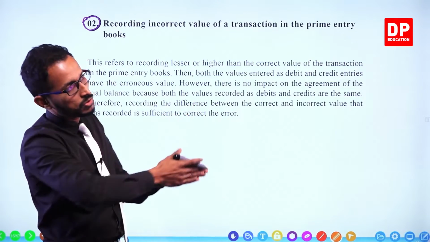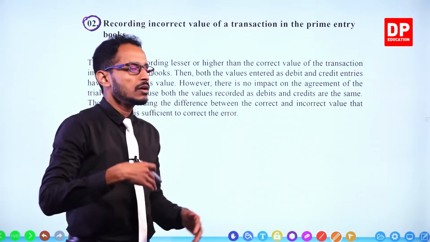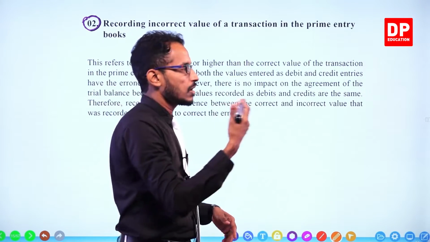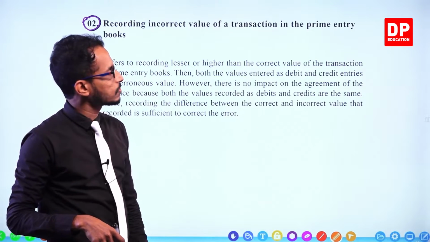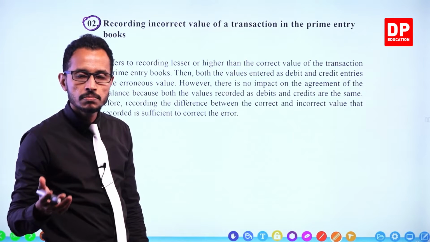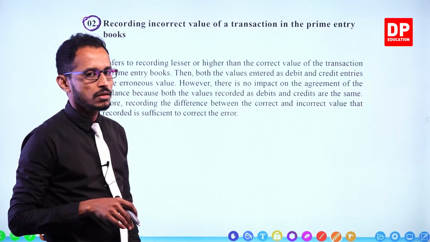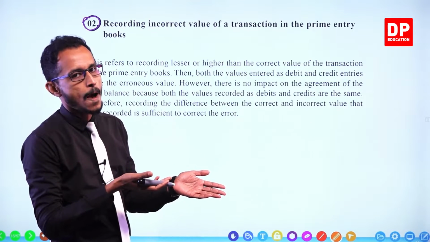Okay, and we don't know that the value is wrong. We have kept the books and we are going on with our business nicely, happily. We think that there's no problem, but there is a problem. What is the problem? A transaction is entered, but the value of the transaction is wrong.